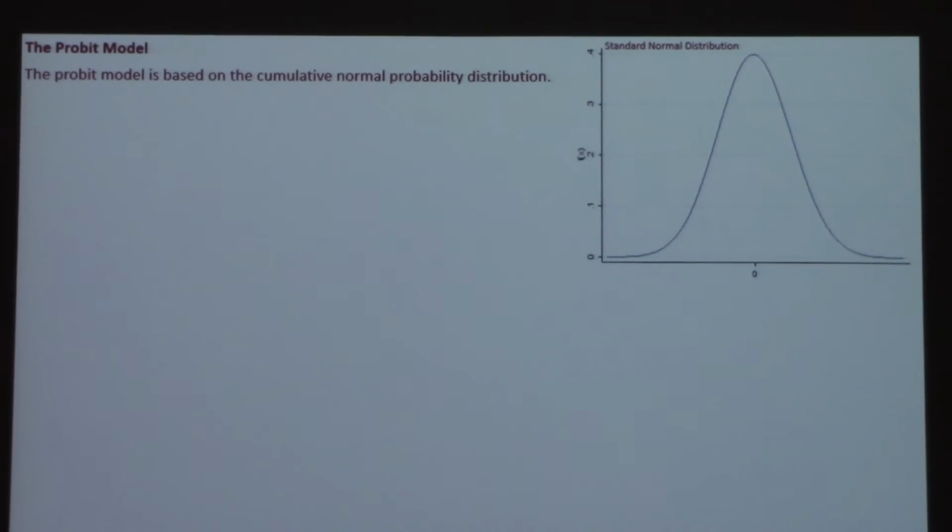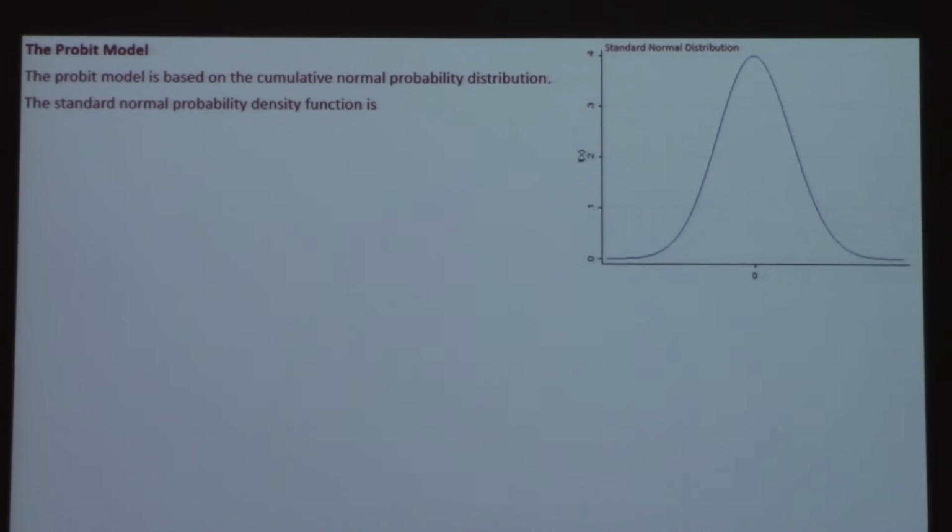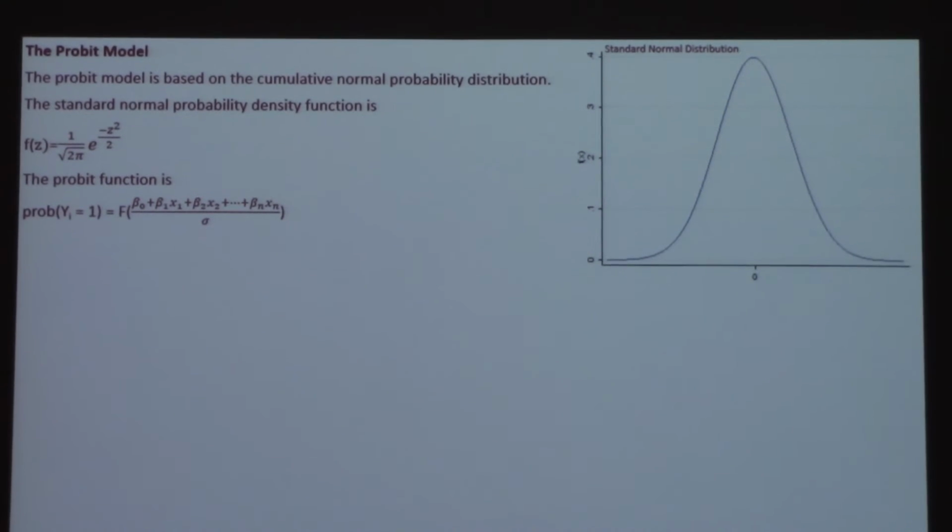So we're going to use this, and specifically we're going to use the density function, or here's the formula, for this to define our regression. So instead of finding the line that best fits the data, we're going to use this standard normal probability density function to define our curve, our fit.